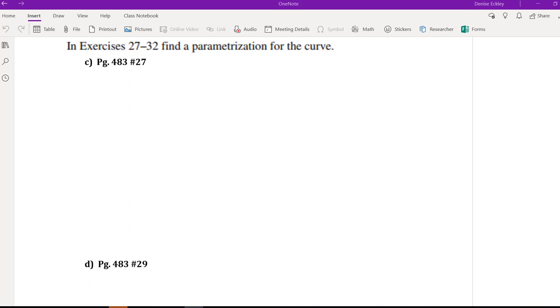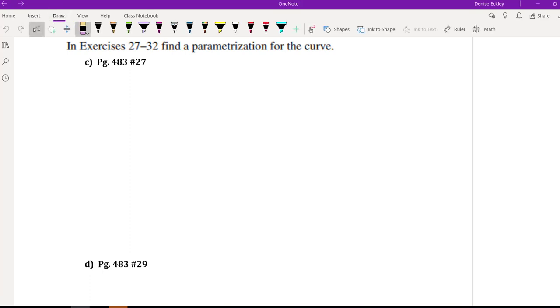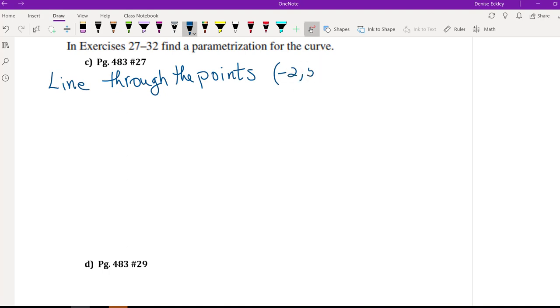For this set of exercises, the directions in the book say to find the parameterization for the curve. So for number 27, we are asked to find the line through the points -2, 5 and 4, 2.